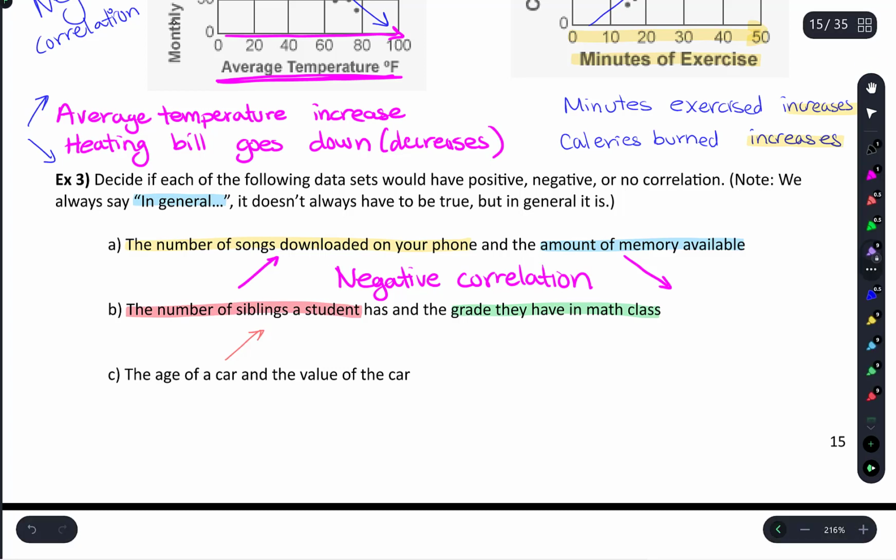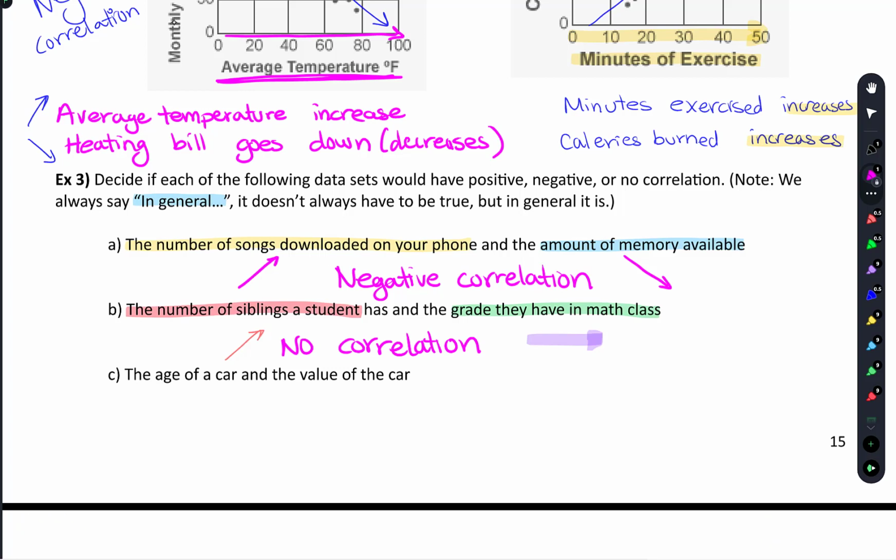So if it's not going to change, I can kind of put a horizontal line here if you really wanted to. We can say that there's no correlation. It's not going to change based off of the number of siblings that you have. It doesn't mean that if you have more siblings, your grade in math class goes up, or if you have fewer siblings, your math class grade goes up. There's no correlation there.